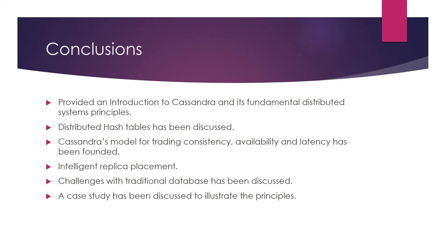The first thing is that the paper has provided an introduction to Cassandra and its architectural principles, and it has discussed the data model that it's built on, and its distributed hash table implementation, and how it has achieved order of one complexity lookup, or one hop DHT. And also the paper has discussed Cassandra's model for trading consistency, availability, and latency.